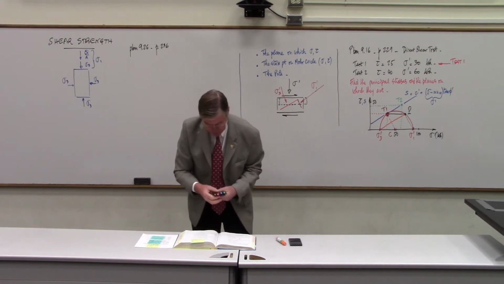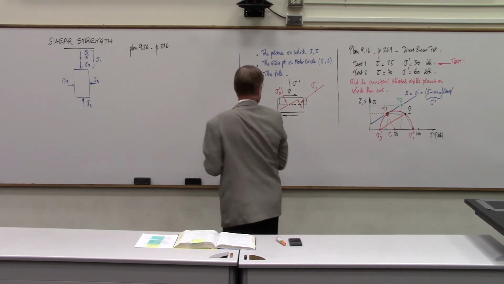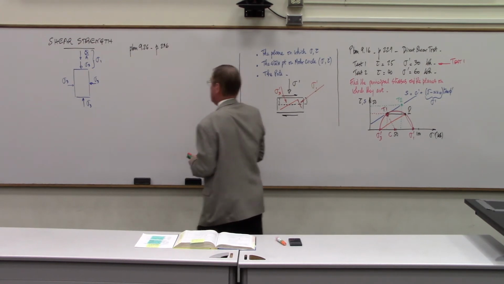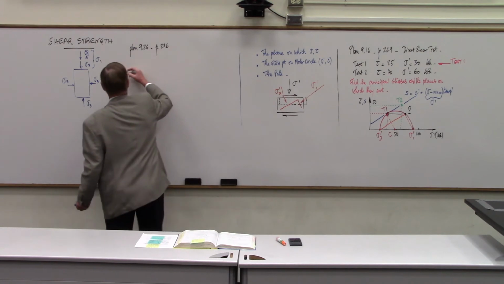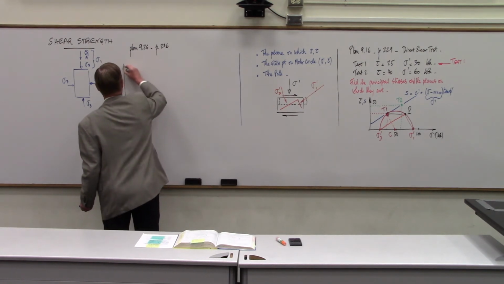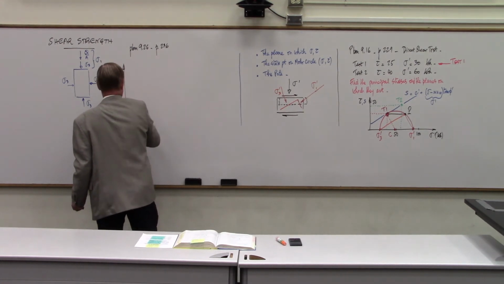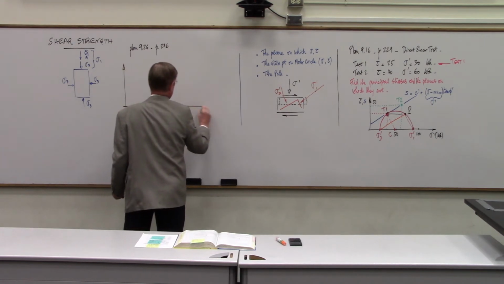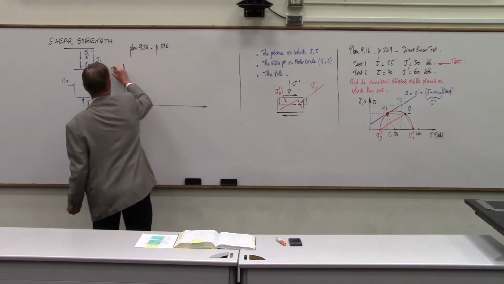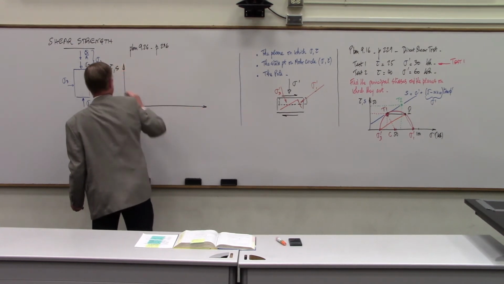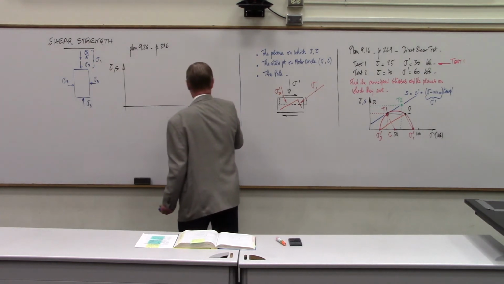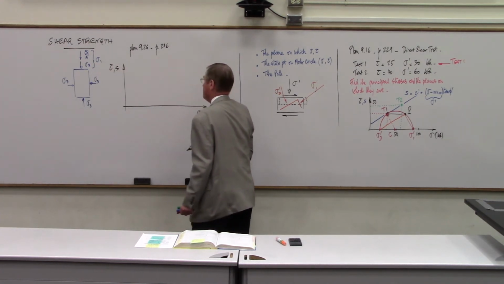The results were the following. We had the Mohr circle that we had obtained, with tau, the shear strength maximum value, and sigma prime right here.